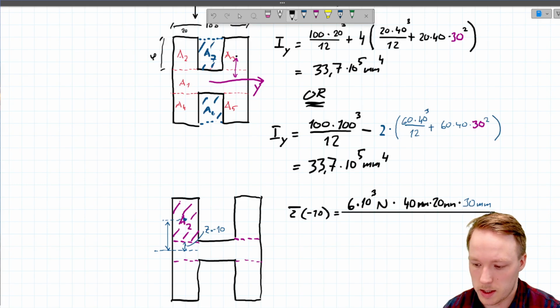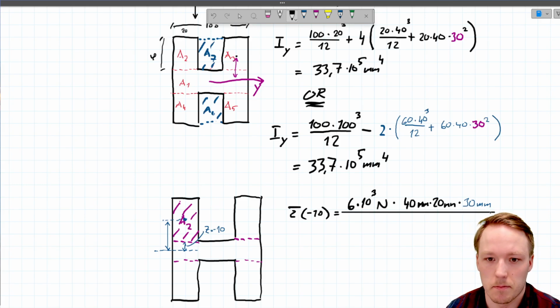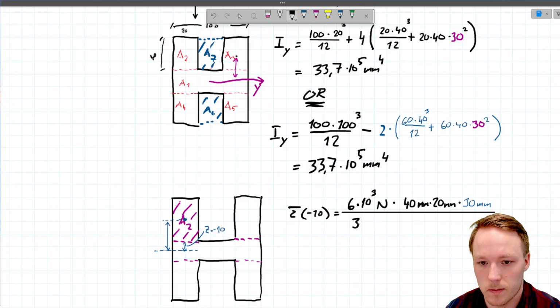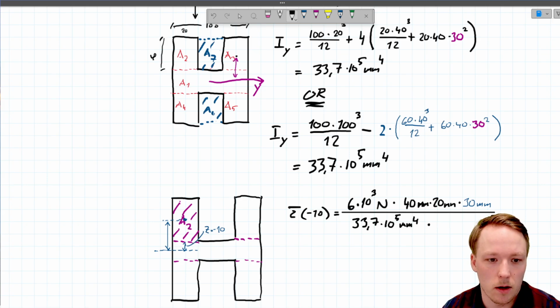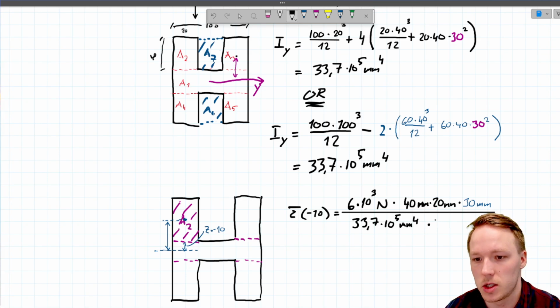And all this we will divide by second moment of inertia of the profile in bending, 33.7, 10 to the power 5. Multiplied by the length of the shearing area, which in this case is 20 millimeters.